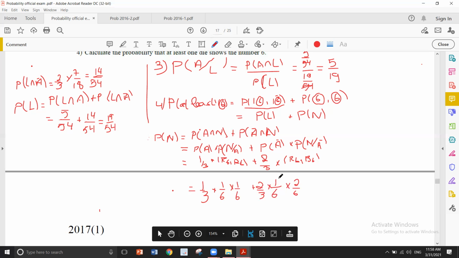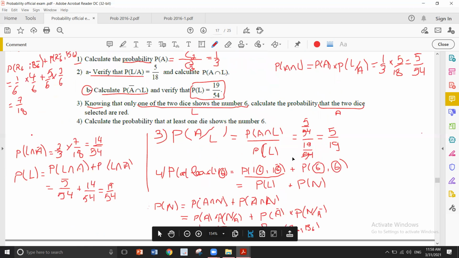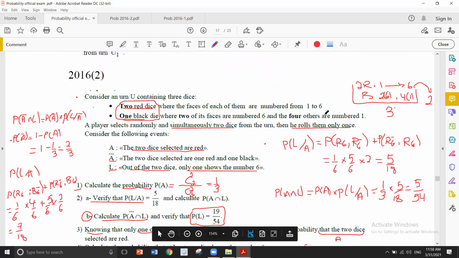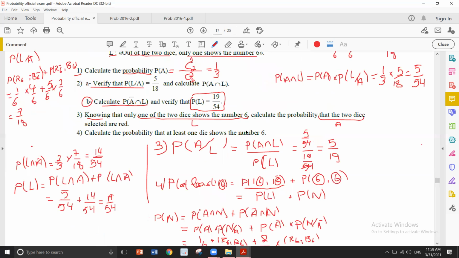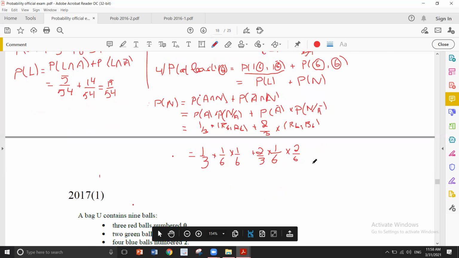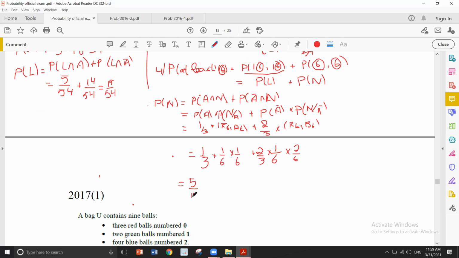The black die has two numbered 6 and four numbered 1. To get 6 from the black die is 2/6. So we get 5 over 108.